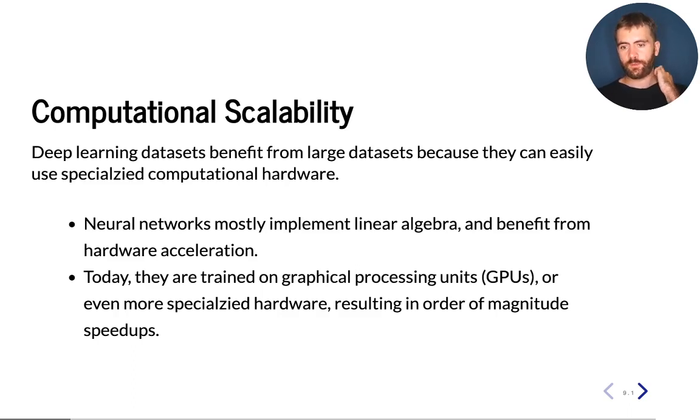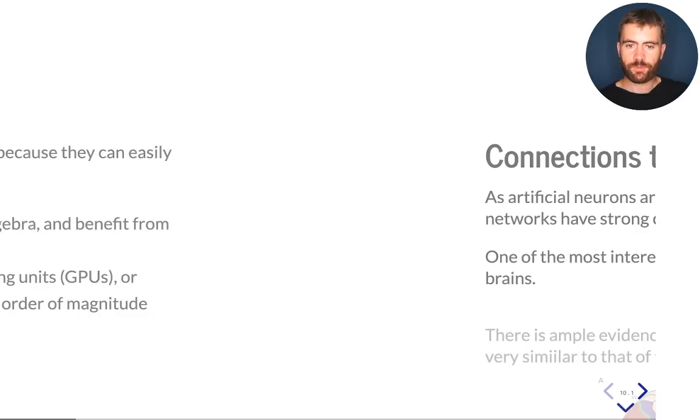And not all algorithms can benefit from these specialized computational units, but because neural networks are based on a set of operations that involve linear algebra, they tend to benefit a lot from this specialized hardware, and this is part of the reason why we have been able to scale them to very large data sets. And this is a big reason for their effectiveness.